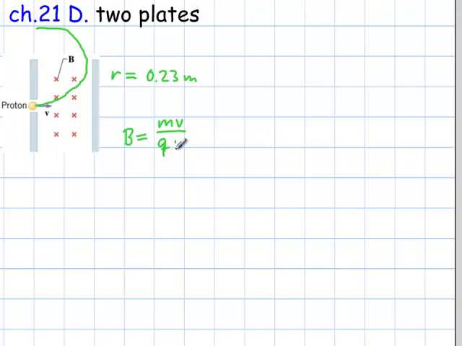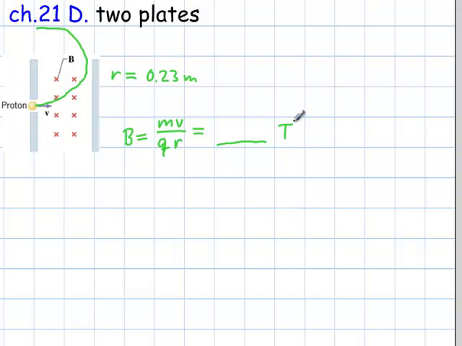and the radius. Again, everything is given in standard units, so we have to come up with the standard unit for the magnetic field, which is Tesla. The mass in this case is the mass of the proton, given in the front of the book, and I'm sure it's at least once or twice or more times in this chapter as well, being 1.67 times 10 to the negative 27 kilograms.